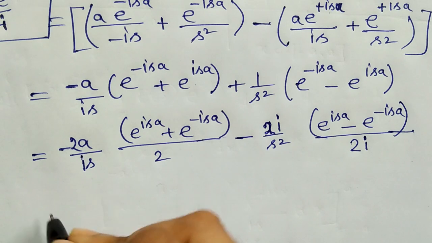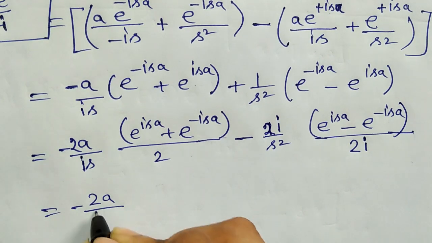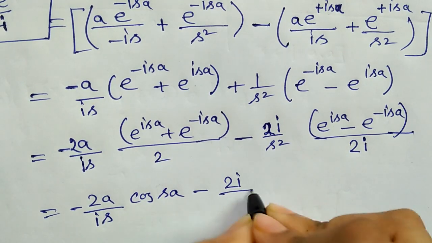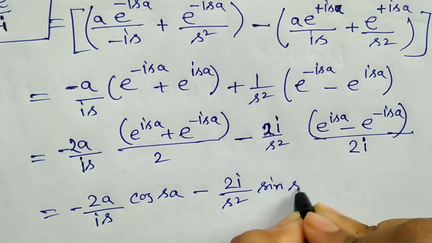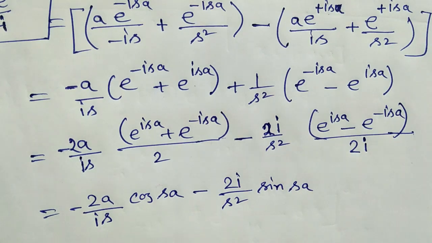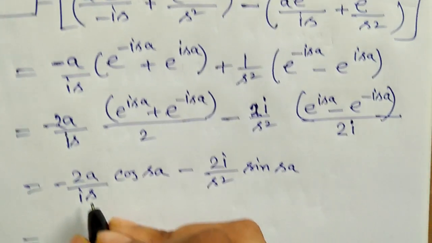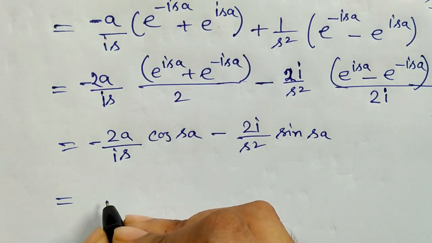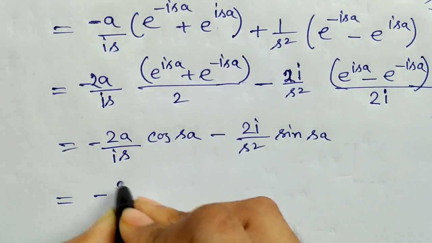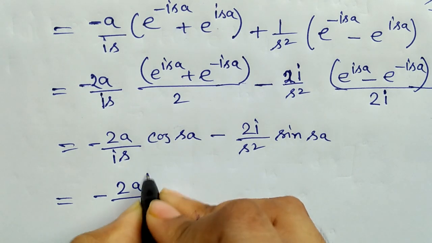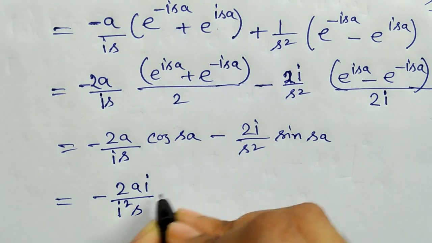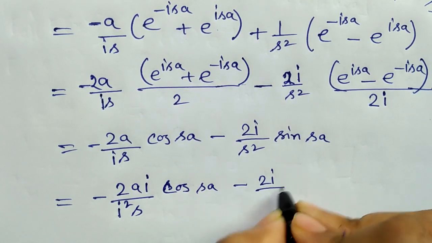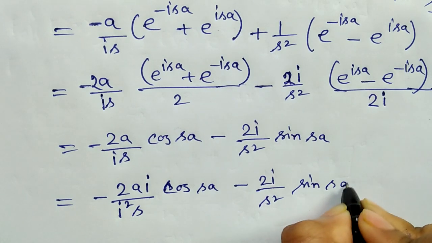Denominator 2i. So this is equal to minus 2a by is cos sa minus 2i by s squared sin sa. Now just this denominator position i, this can be written in this way: 2a i by i squared s cos sa minus 2i by s squared sin sa.